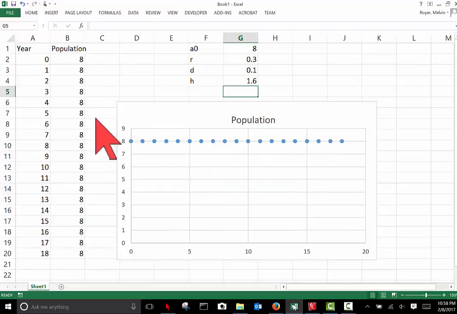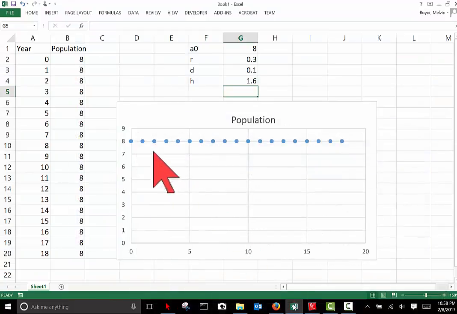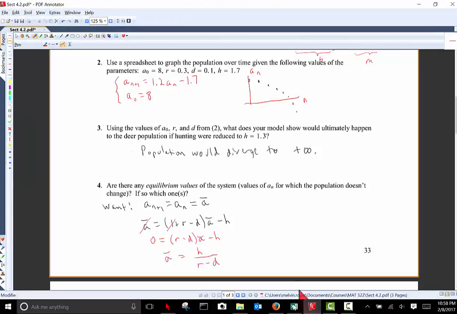Right there, the population has stabilized. And furthermore, the population has stabilized at 8 because that's where I started. So if you take those values, 8 and 1.6 and 0.3 and 0.1, you'll find out, in fact, that this equation works.